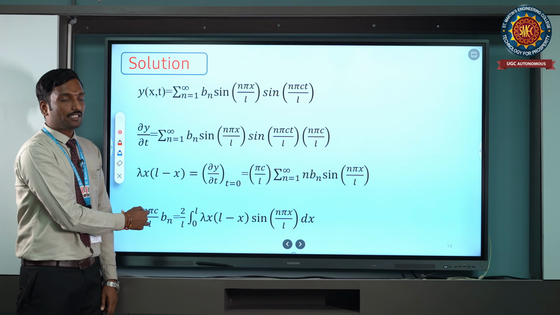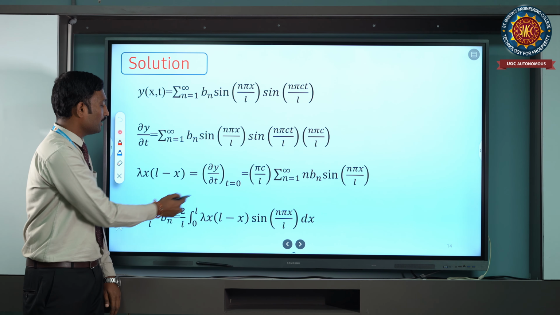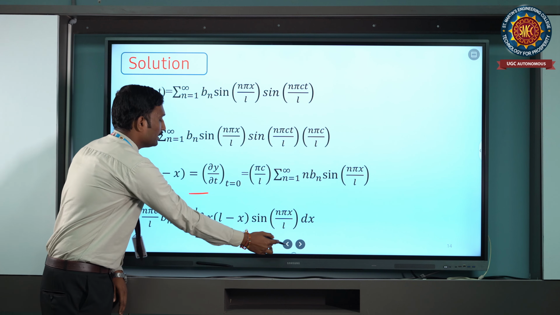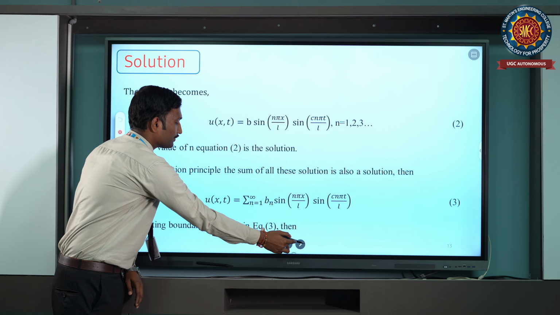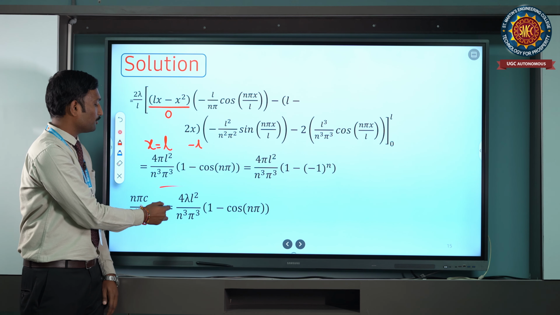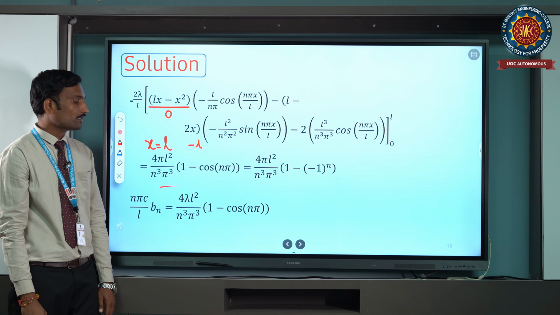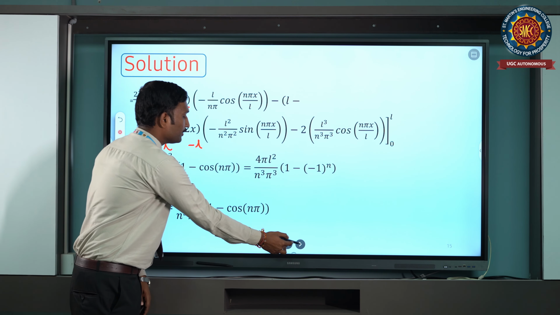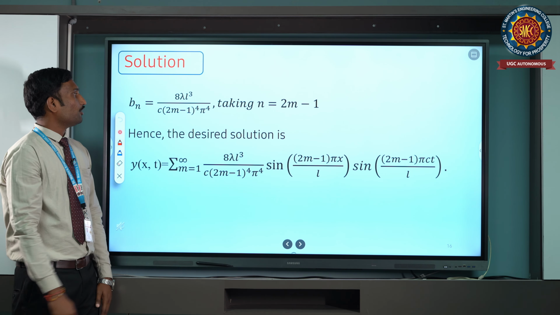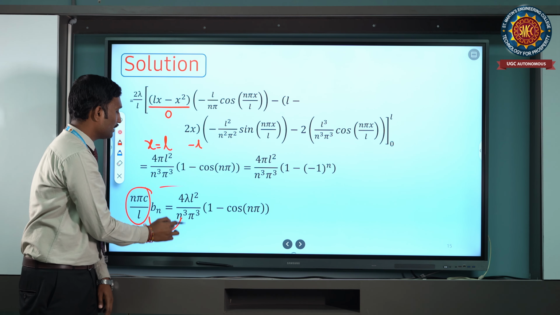So nπc/L bn equals 4λL²/(n³π³) times (1 minus cos nπ).